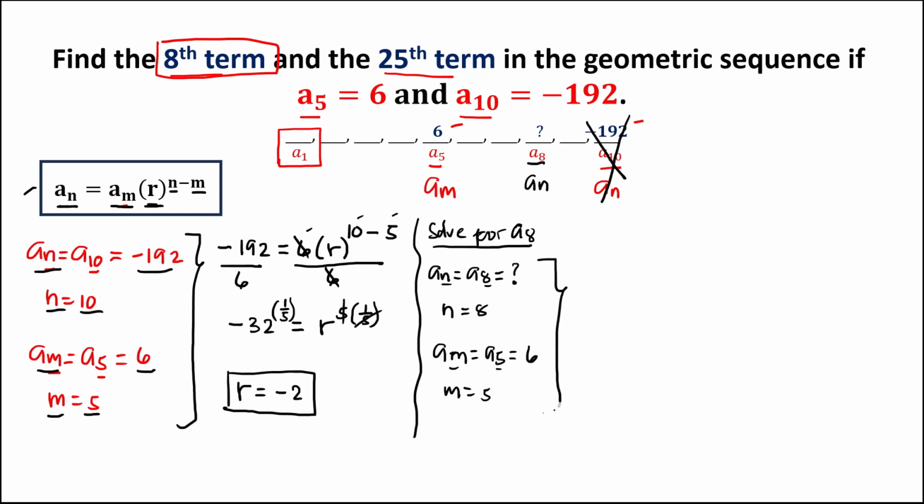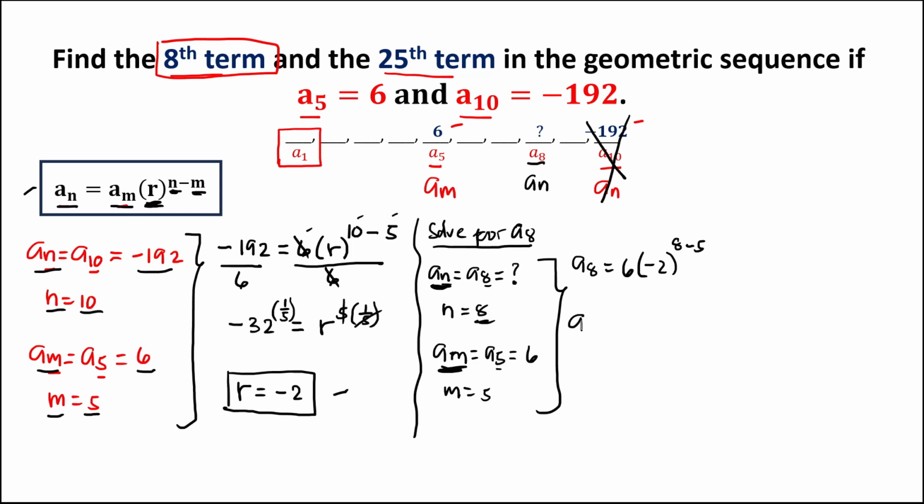To solve now for the 8th term, we have a sub n, that's a sub 8, equals a sub m, that's 6, times the common ratio, that's negative 2, to the power n minus m. So n is 8 minus m is 5.